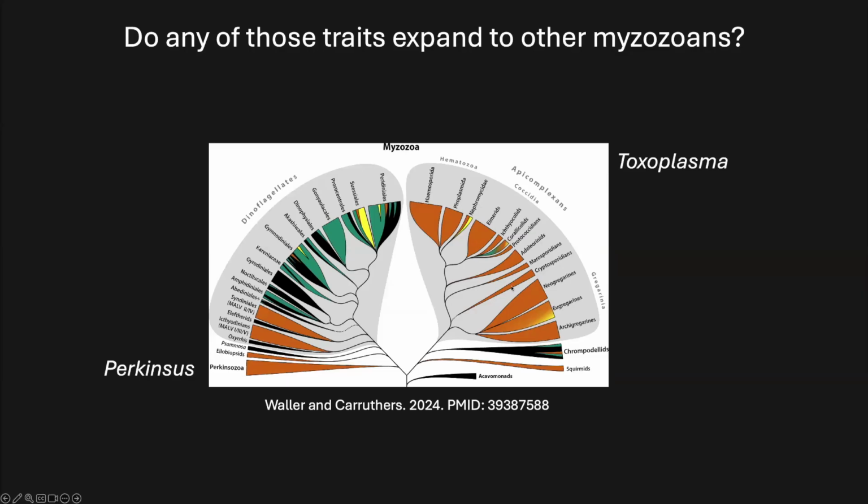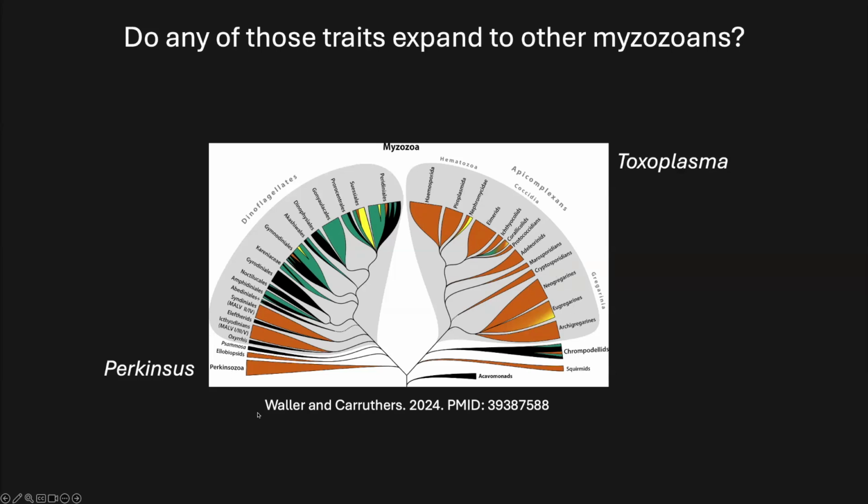So this is just a tree of the myzozoan, just so that you can have a feeling of where your favorite organisms are. So here are the apicomplexan, and the Plasmodia are found here. And the coccidia, where Toxoplasma is, are found here. And over here are the dinoflagellates, and here is Perkinsozoa. And all together, this is a group that we call myzozoan.